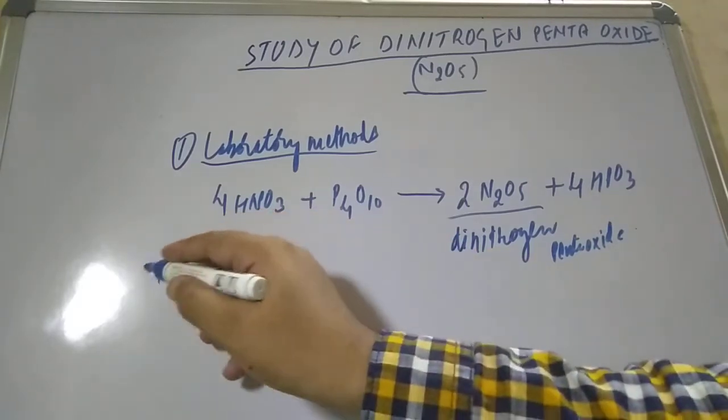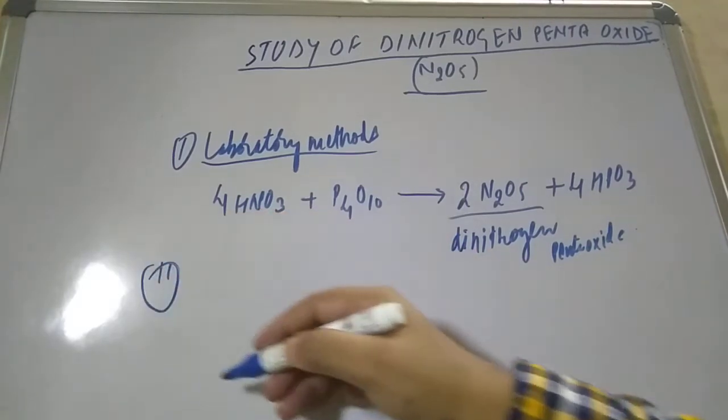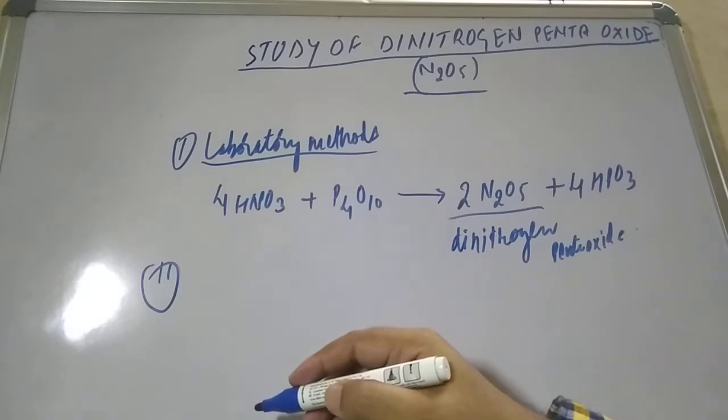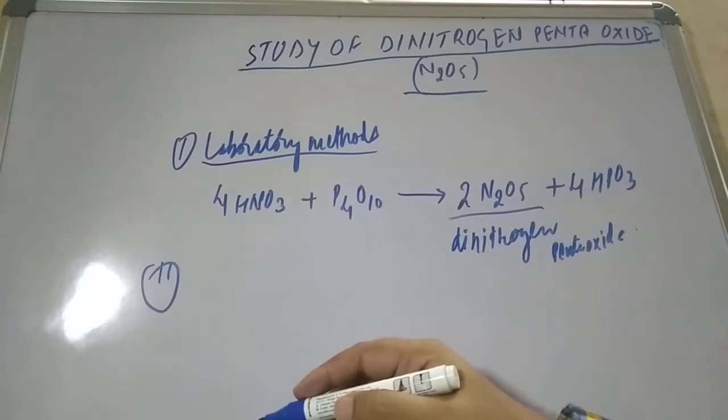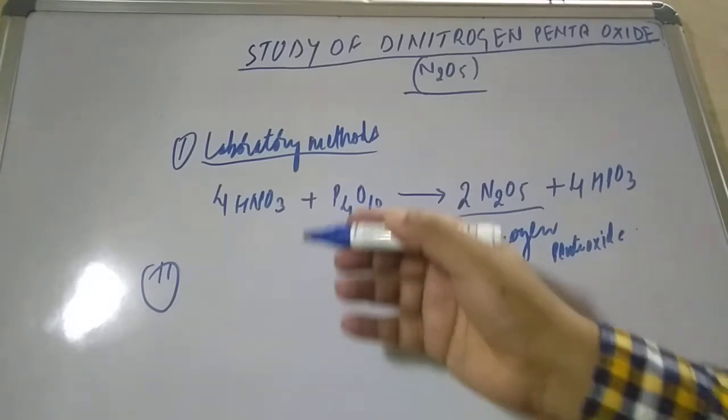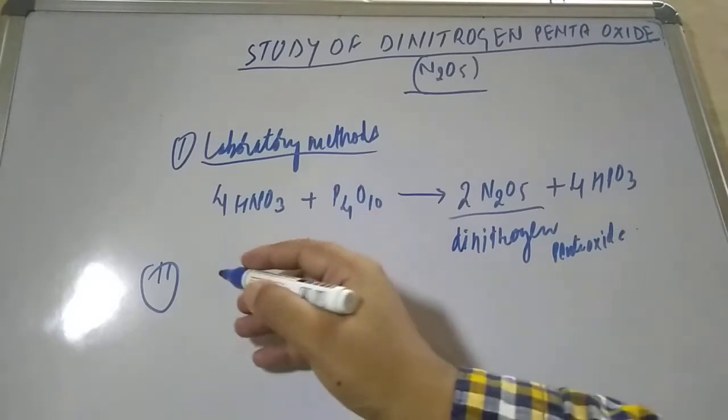What is the second method, from where you can prepare it with the help of phosphorus pentoxide? You can take the same equation in a different way.